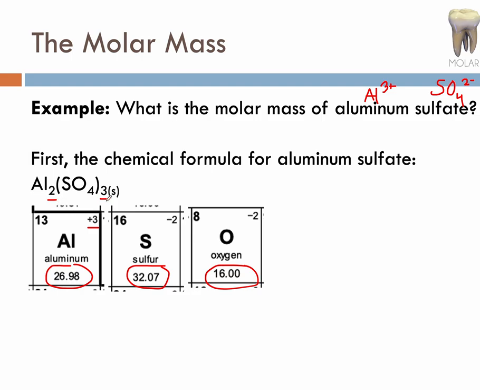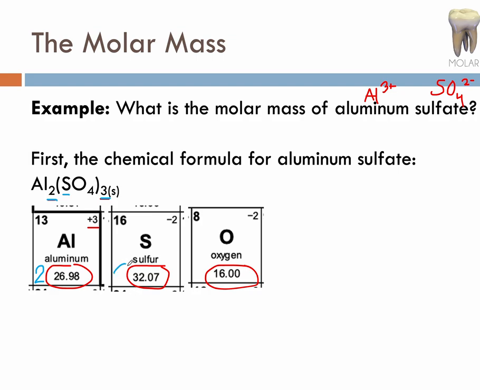Okay, how am I going to add this all up? In terms of molar masses, I have 2 aluminums, right? There's 2 aluminums in my chemical formula. For sulfurs, here's the sulfur. Sulfur is inside that polyatomic ion of sulfate, and there are 3 of those polyatomic ions. So I have 1 sulfur per sulfate ion and 3 sulfate ions.